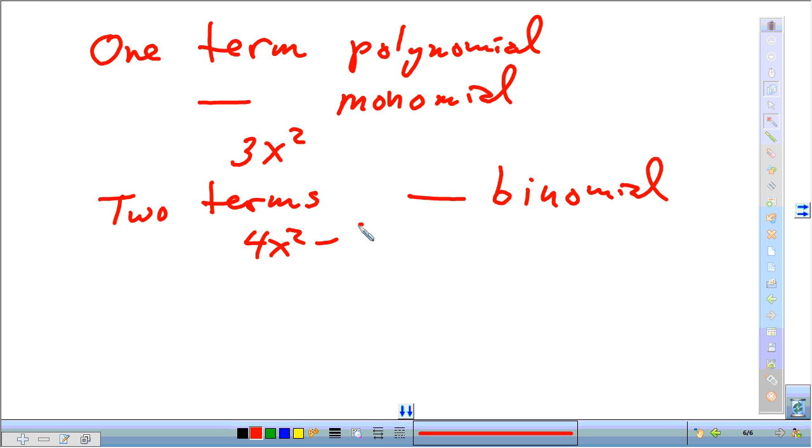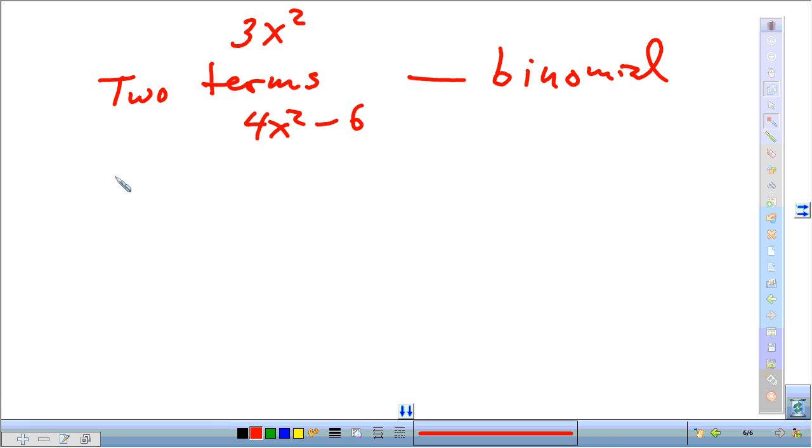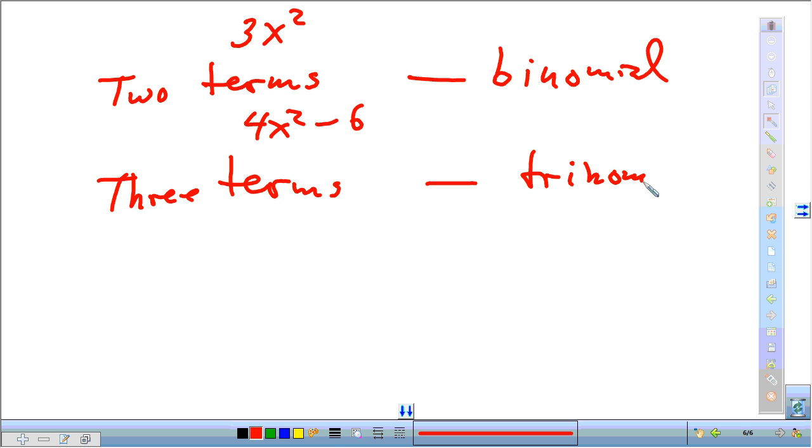So 4x squared minus 6, for instance. Three terms becomes a trinomial. So 2x squared minus 6x plus 7. Three terms, trinomial. Now we could continue this, four terms, quadrinomial, and so forth, but usually at that point we begin to just call them all polynomials, but it's useful to have monomial, binomial, and trinomial.